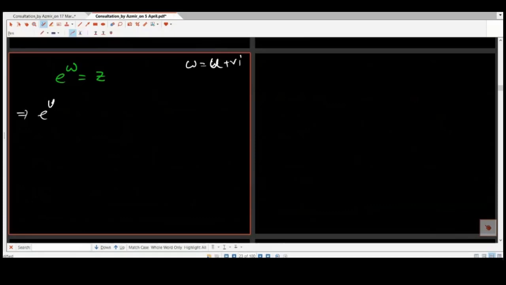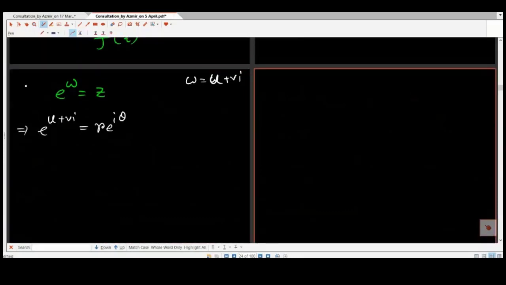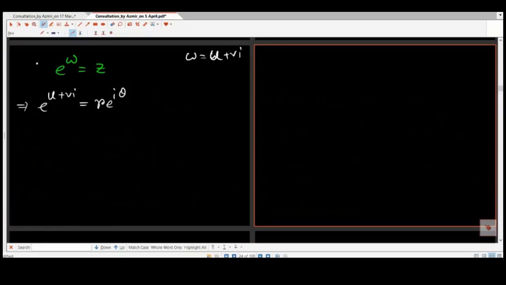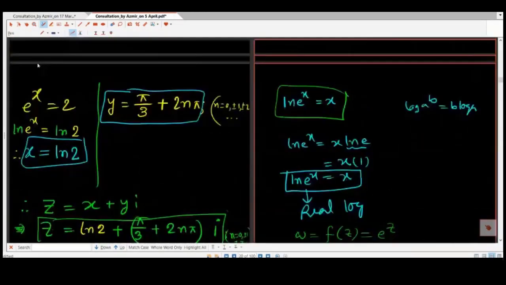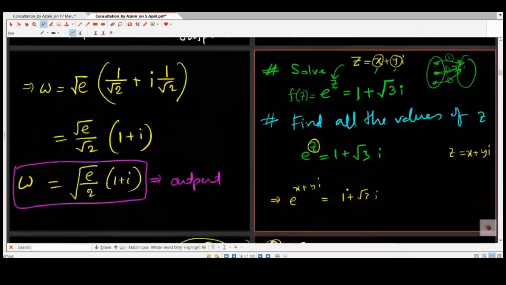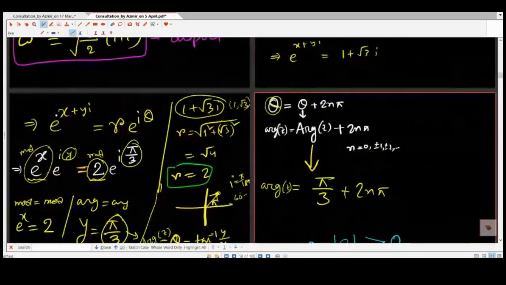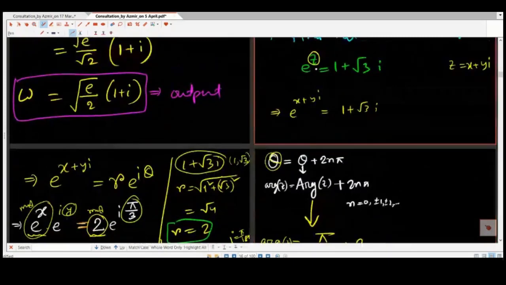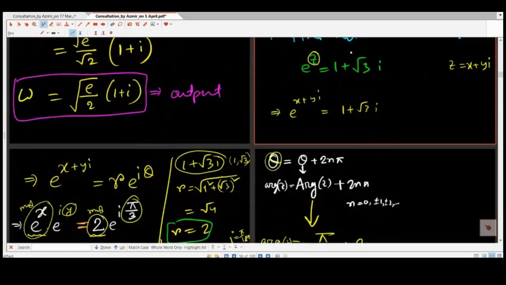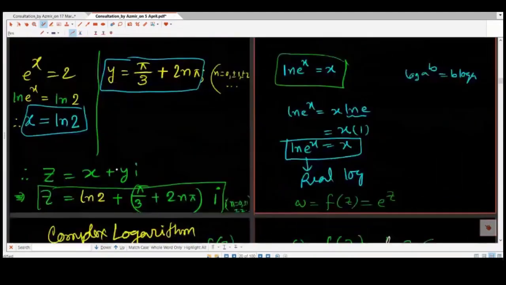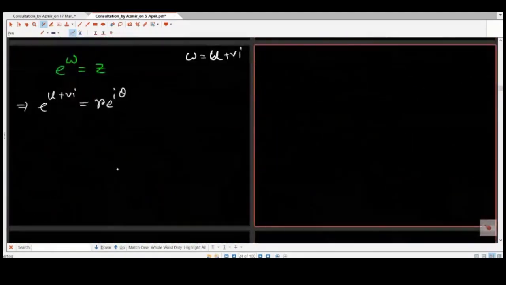So let's plug in u plus vi, and on the right side let's convert this number to the polar form. We are using the same pattern as this problem. On the left side we plug in x plus yi, that means we have z, and the right side is converted to the polar form. So we are following the same pattern.